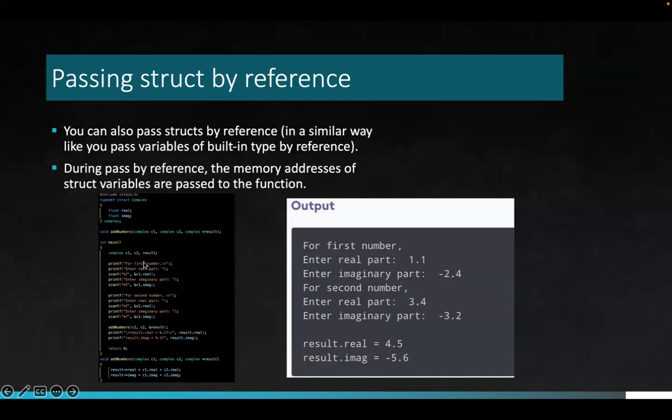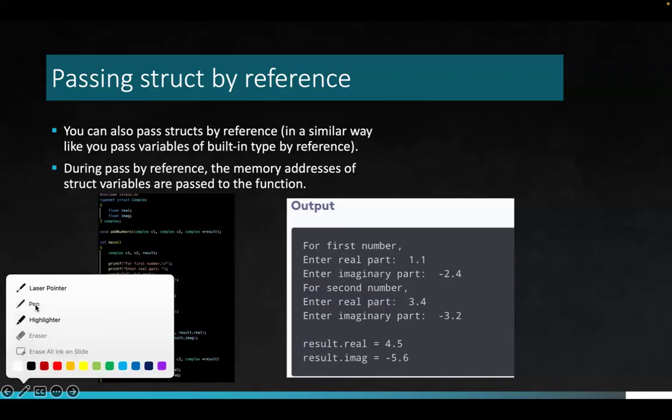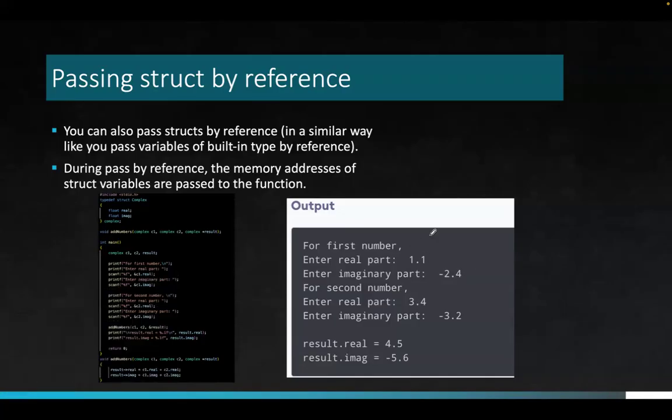For C1, the structure members need data, so that data we are asking from the user. For the first number, enter the real part, enter the imaginary part. For the second number, enter the real part, enter the imaginary part. Once it is entered, we'll see how we are storing C1 data.